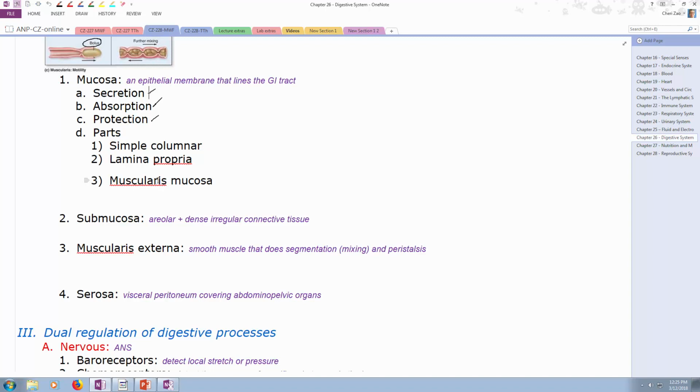Let's see here. What do I want to add? Secretion, mucus, that's going to be actually protective. Enzymes, that's going to be digestive. Hormones and acid. So we're actually going to secrete some hormones, and we'll talk about that. Absorption will be of digestive materials.